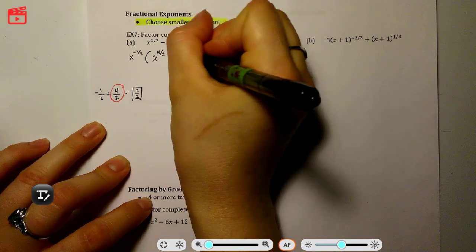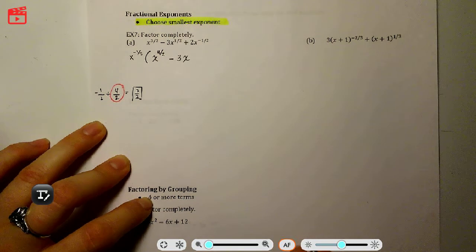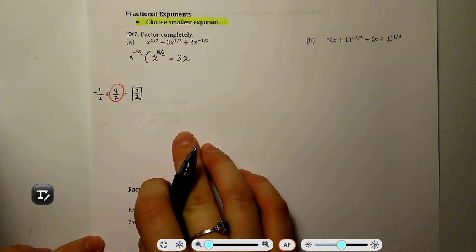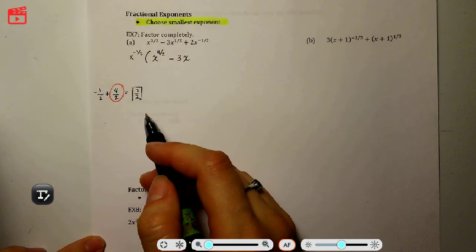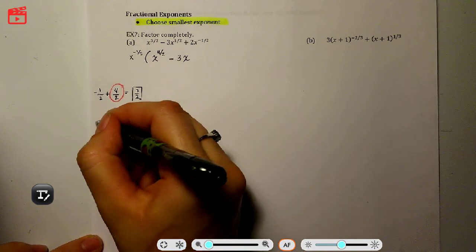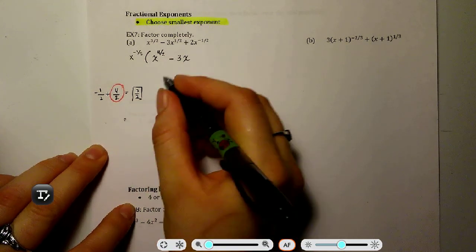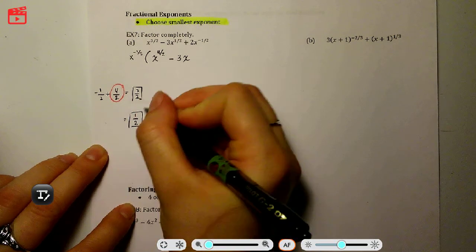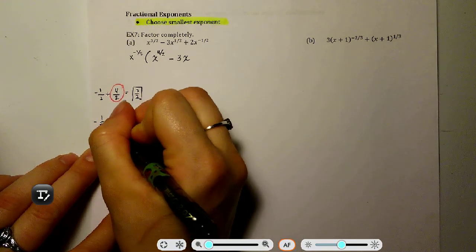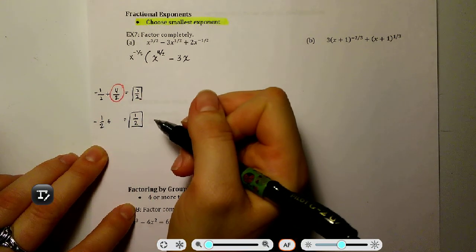All right, so then minus, so now we're taking out a negative half from a half. So go ahead and try to see if you can figure out what the exponent is going to be. All right, so let's see. Same idea. This time we want to end up with a half. So what do we add to negative half to get a half?